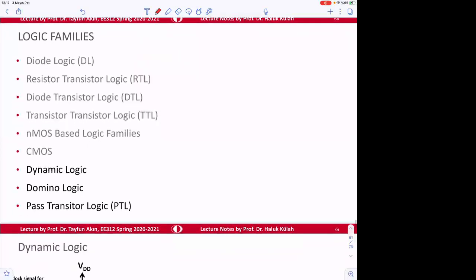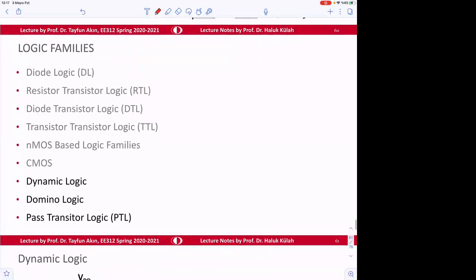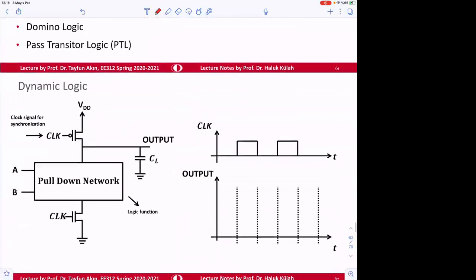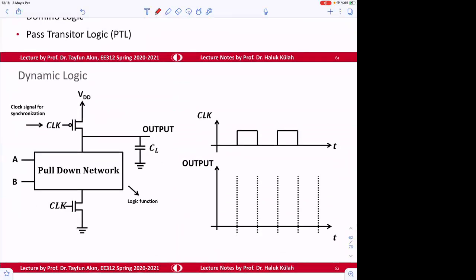Okay, so there are some other logic families. You know, in CMOS, dynamic logic in CMOS technology.